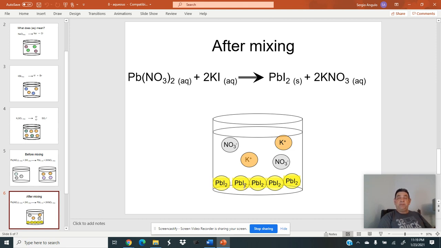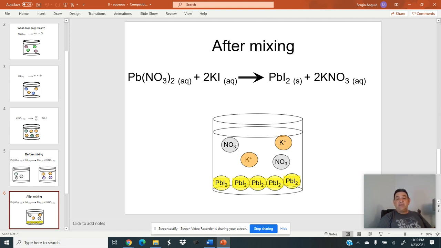They're going to become an ionic solid. They're trying to get together in a crystal lattice like we've talked about before. So eventually, the lead iodide is going to form within the solution. And because it's a solid and it's not dissolved in water, it's going to drop to the bottom.